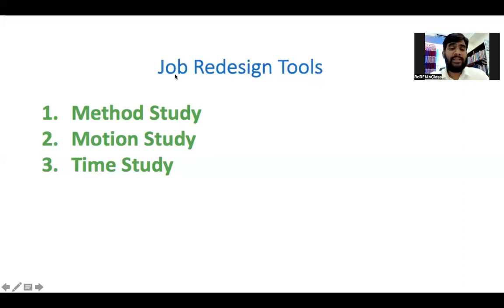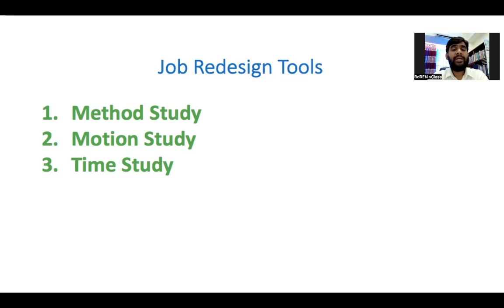This type of job redesigning tools are done by the industrial engineering wing. Usually you think that job redesign, for example job enlargement, job enrichment, job rotation, these are the jobs of the human resource management department of a company. This is also true. These are the primary jobs of the human resource department, but the human resource department cannot do any job without the help of others.